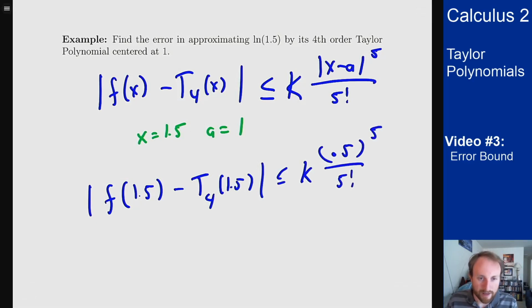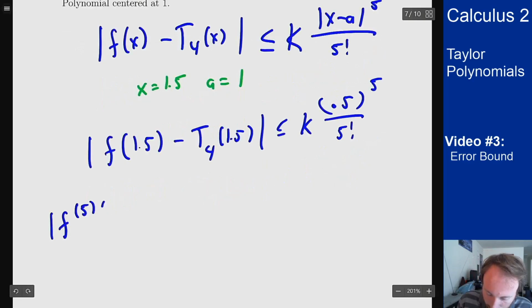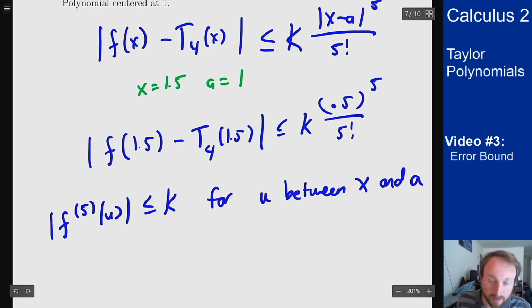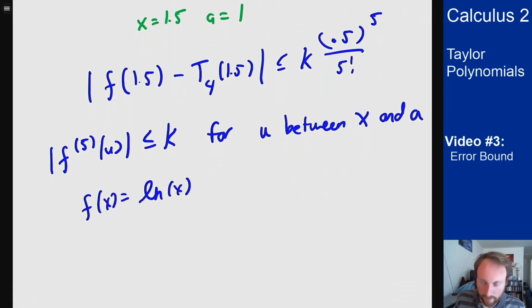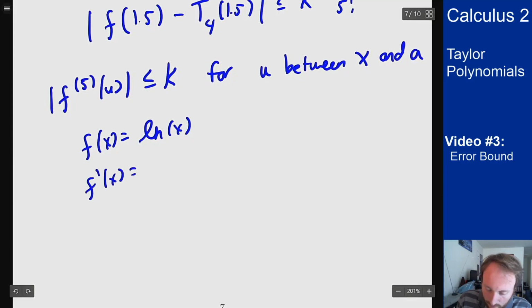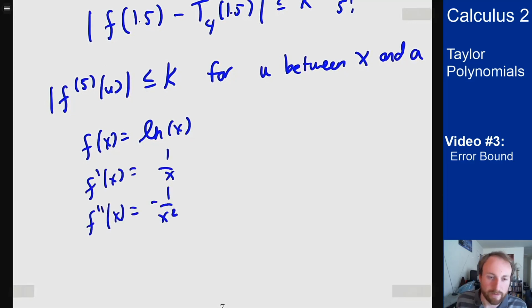Now let's figure out what this k is. This k needs to be something bigger than the 5th derivative of f anywhere between x and a. The 5th derivative of u is bounded by k for u between x and a. So we need the 5th derivative. If our function is log of x, we can start taking derivatives. So f prime would be 1 over x, then the double prime, and we work this out until we get a 5th derivative.